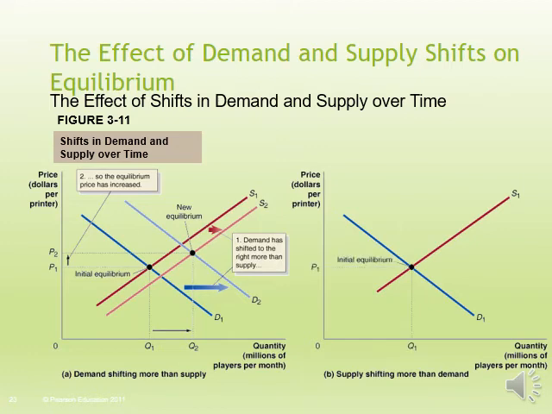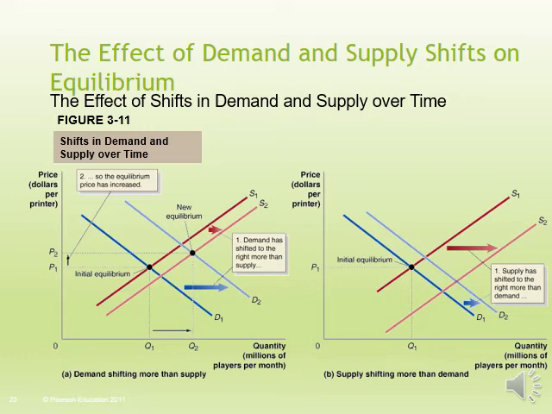Now, what would happen if the supply shifted more than demand? Let's say that we've got our initial equilibrium again. We're looking at the graph on the right, and the equilibrium has a price of P1 and the quantity consumed being Q1. Now, let's say that the supply, that new company that is making printers, increases a lot more, and there's only a small increase in demand because of the lockdown.